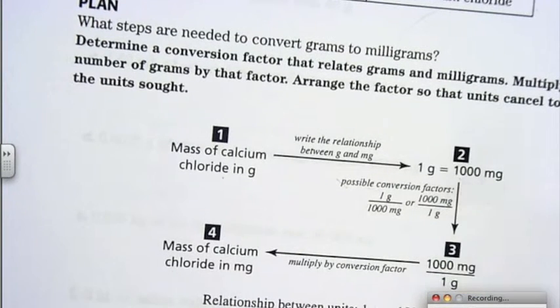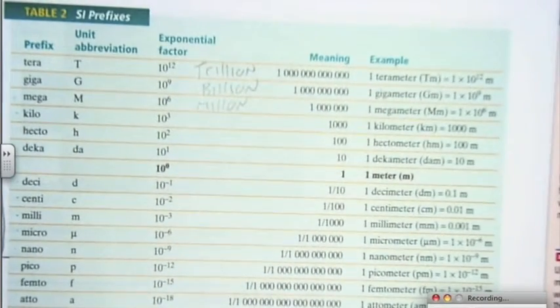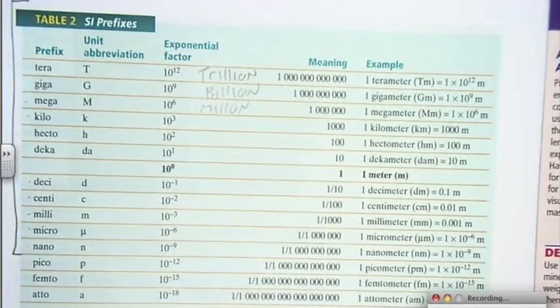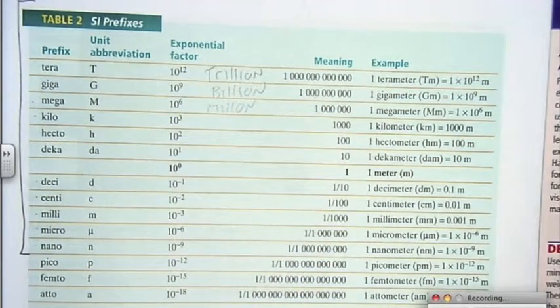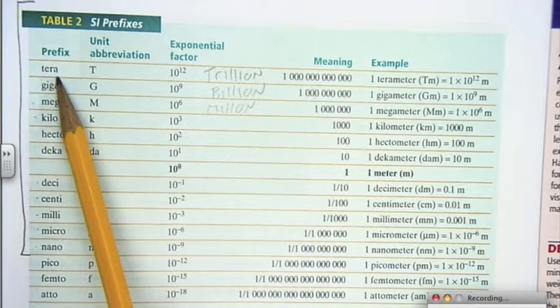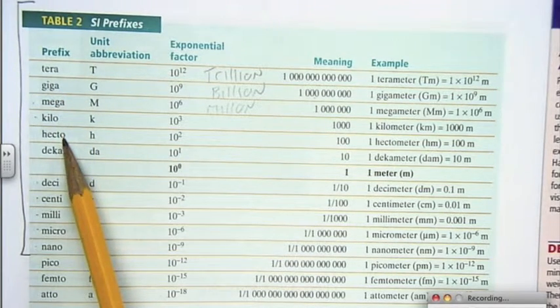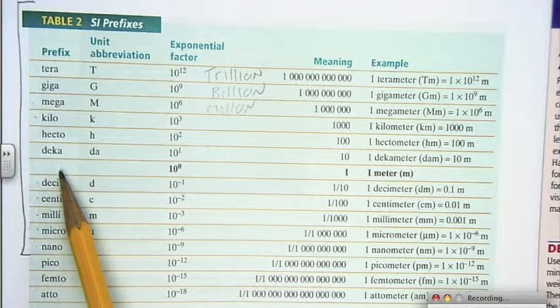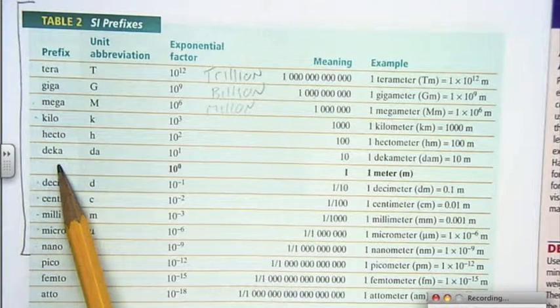Okay, so I'm sensing a little confusion on how to find out what the relationship is between grams and milligrams. Okay, let's check it out. Everyone go to your book. It's on page 35. Here's our table. All right, so here are the prefixes: tera, giga, mega, kilo, hecto, deca, nothing. This nothing represents the base unit.